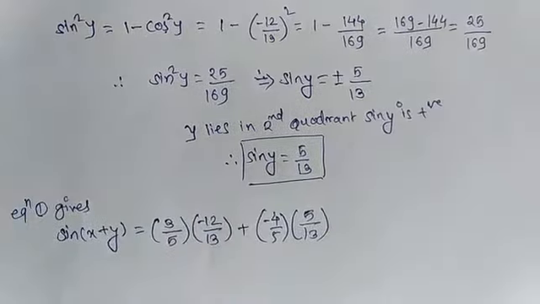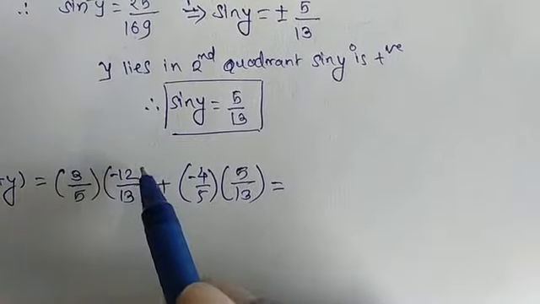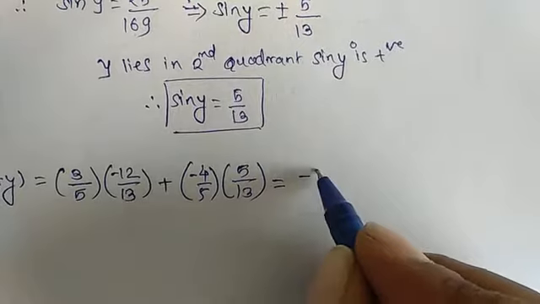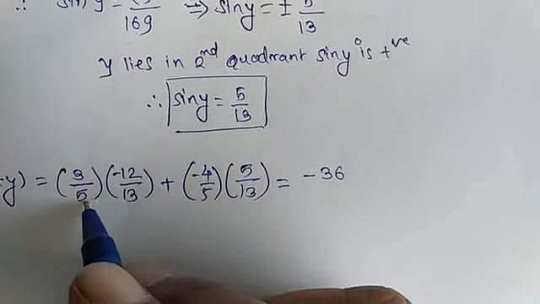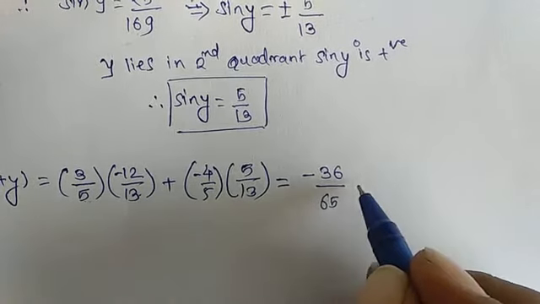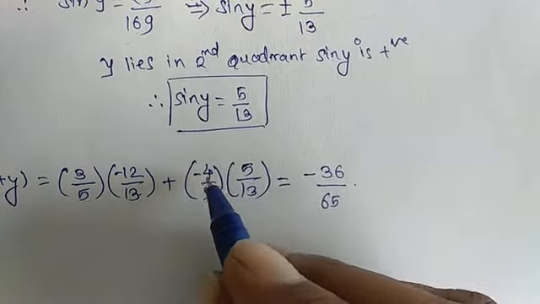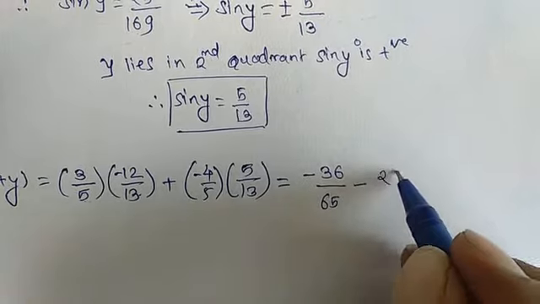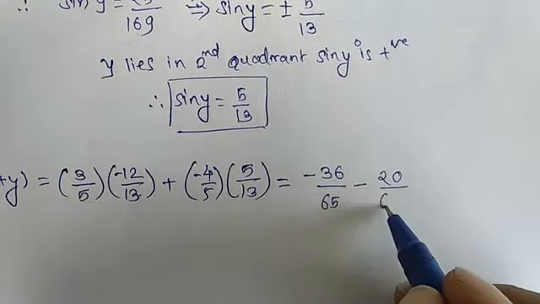Okay, which is equal to 3 into minus 12 is minus 36. Here 5 into 13 is 65. Middle sign, 4 into 5 negative, which will be minus 20. 4 5s are 20 and denominator is 65.